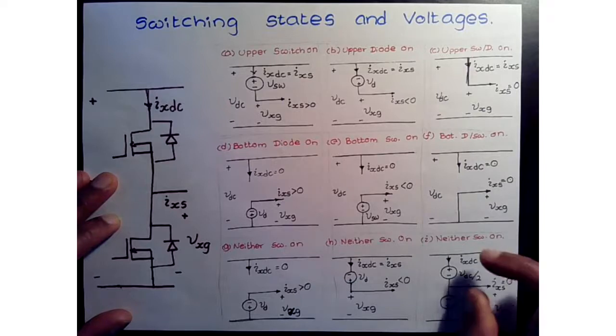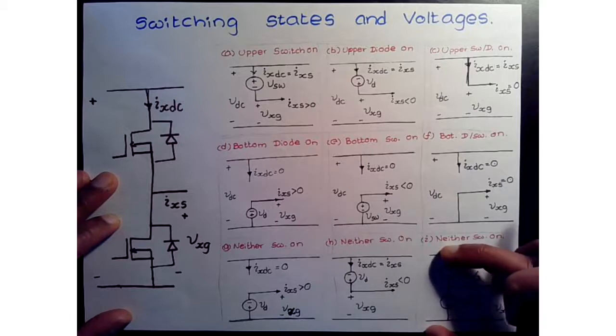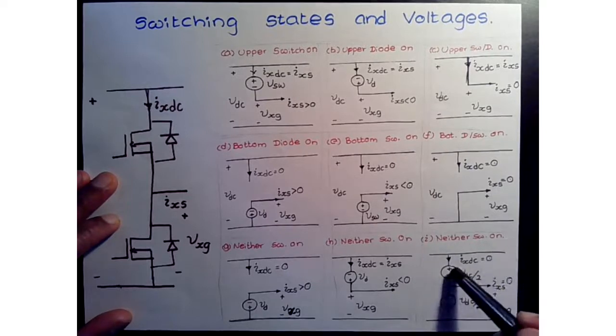You see that the power supply, the DC bus, is split, because there's no current flow and neither switch is on. So it's very difficult to get a really good idea about the voltage here.